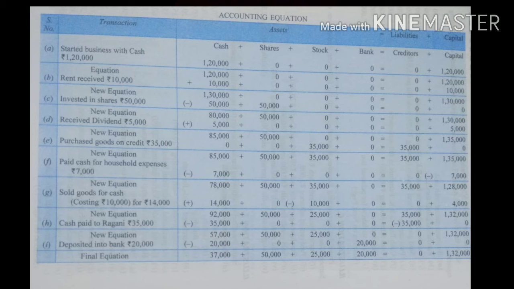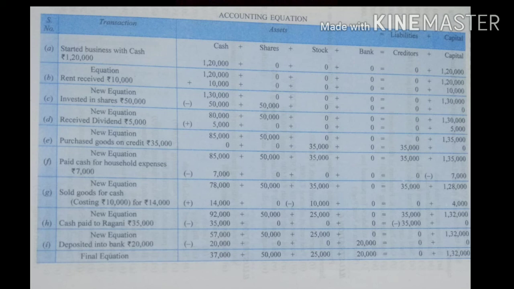When it happened, both were increased. When payment was done, both were decreased, cash as well as creditor. We are getting again our accounting equation. Now you got it. Assets equal to liability plus capital.